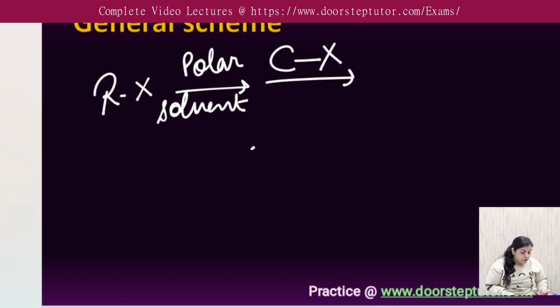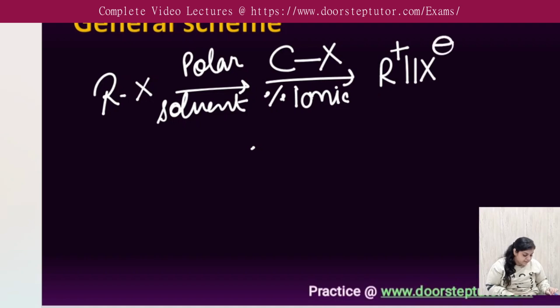Since no bond is perfectly ionic, neither is it purely covalent, there is a possibility that one of the two is going to be the major one. So suppose we have a higher percentage of ionic character in the carbon halogen bond. In this case we get the formation of R positive, with the solvent in between, and the X negative.